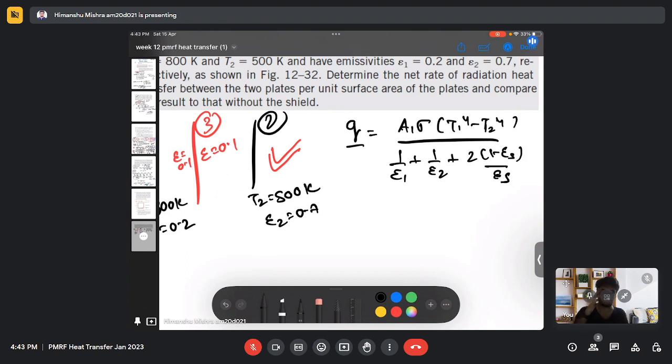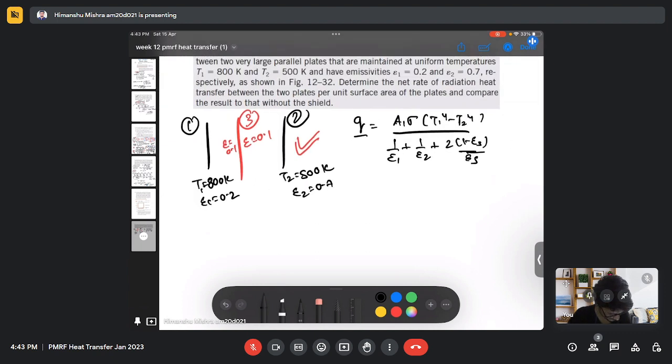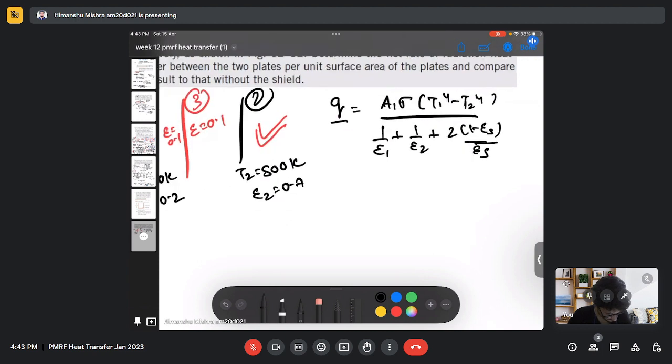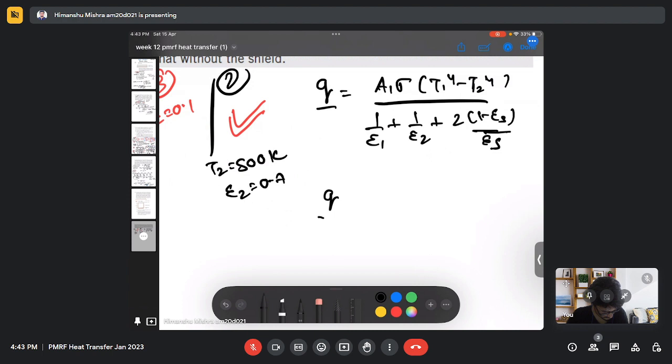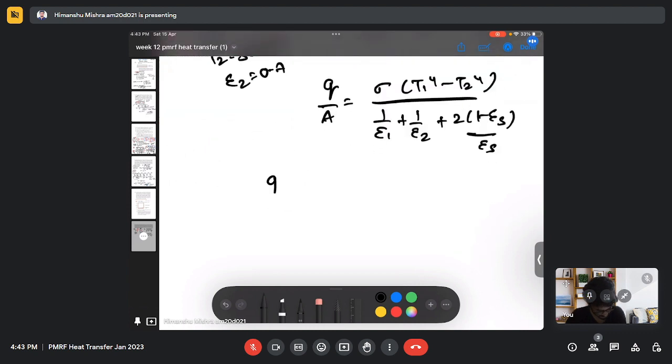This is the expression we already derived, and we need to find the net rate of radiation heat transfer per unit surface area, Q by A. We just need to plug in the values.